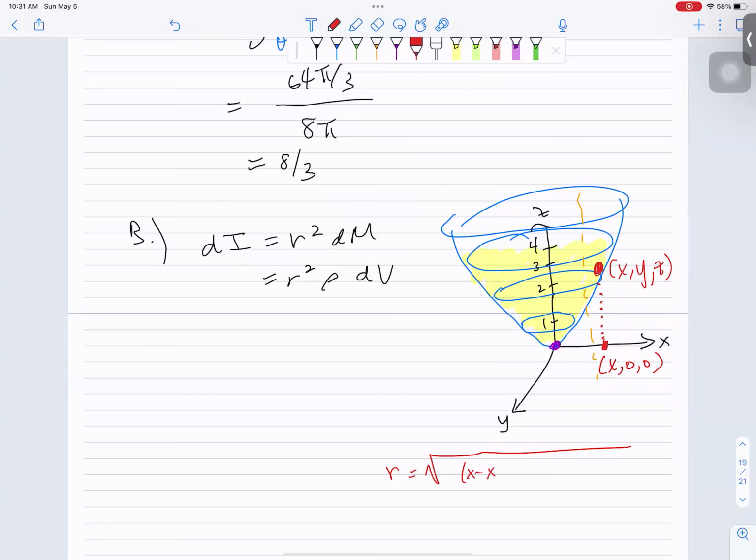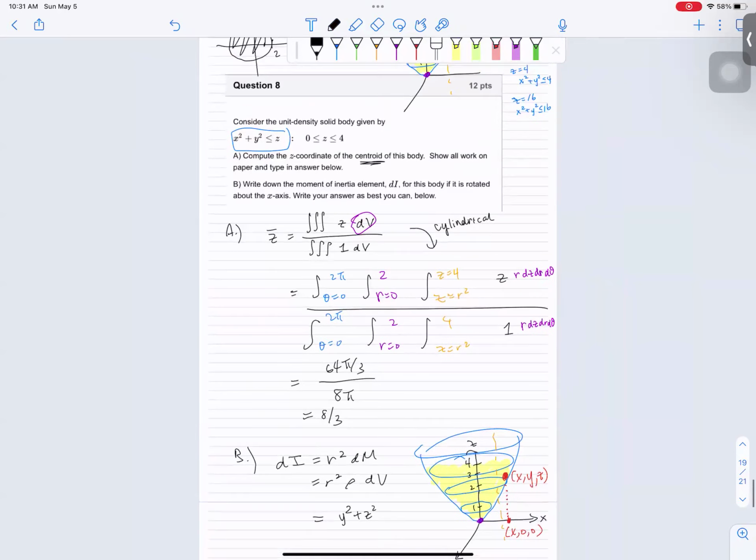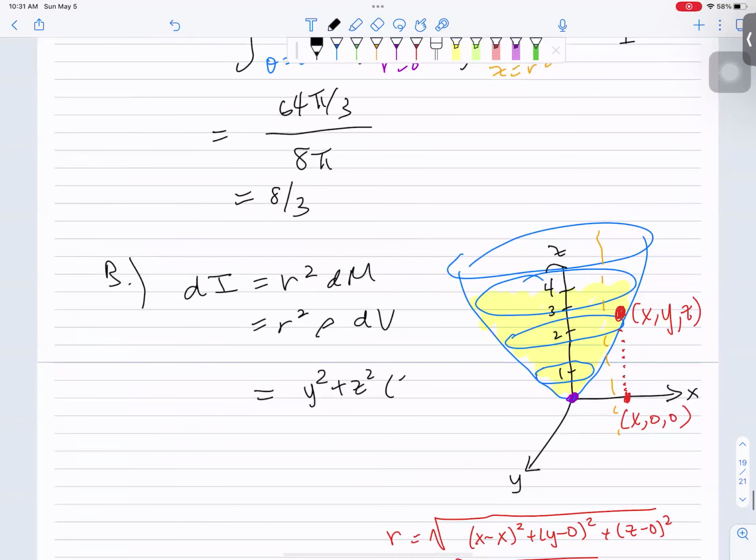It's (x minus x) squared plus (y minus 0) squared plus (z minus 0) squared, which gives me the square root of y squared plus z squared. That means r squared is only y squared plus z squared. Density, did they tell you anything? They told me I have unit density. So density is 1 times dV. So the moment of inertia element is just (y squared plus z squared) dV.